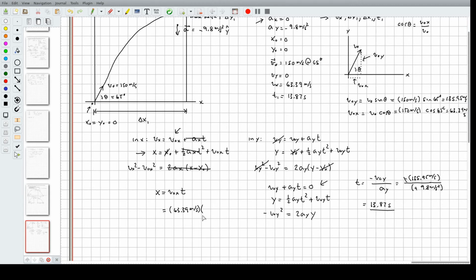And at the end of the first part, that happens 13.87 seconds into the future. If you do your math here, it ends up being about 63.39 times 13.87, 879.22, something like that.